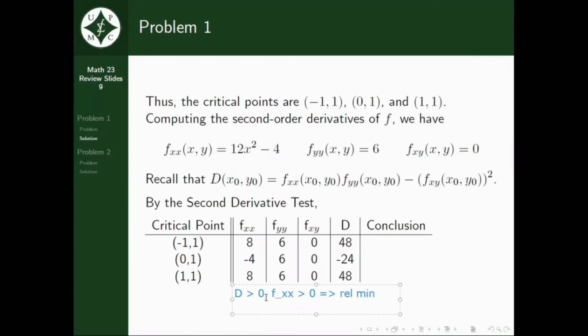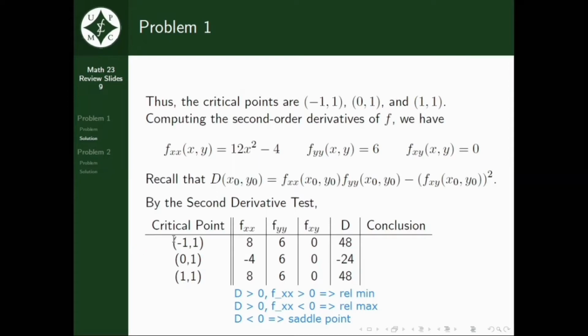However, if your d is still positive, yet your f sub xx is negative, at that critical point, you have a relative maximum. However, if your d is negative, this implies that at that critical point, you have a saddle point. Using these results, let's now conclude.